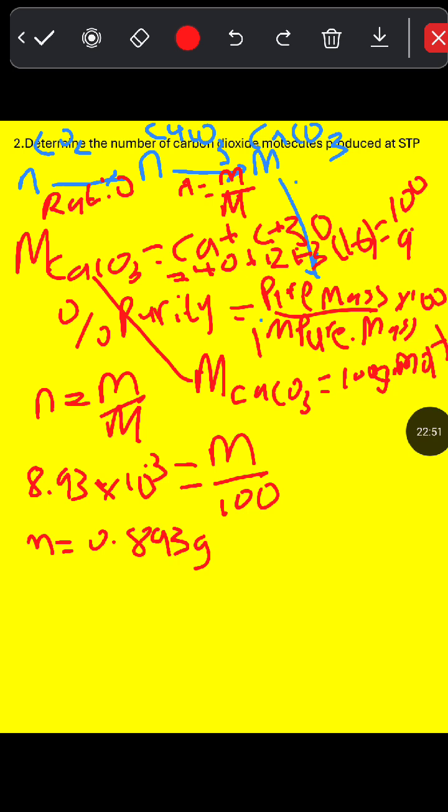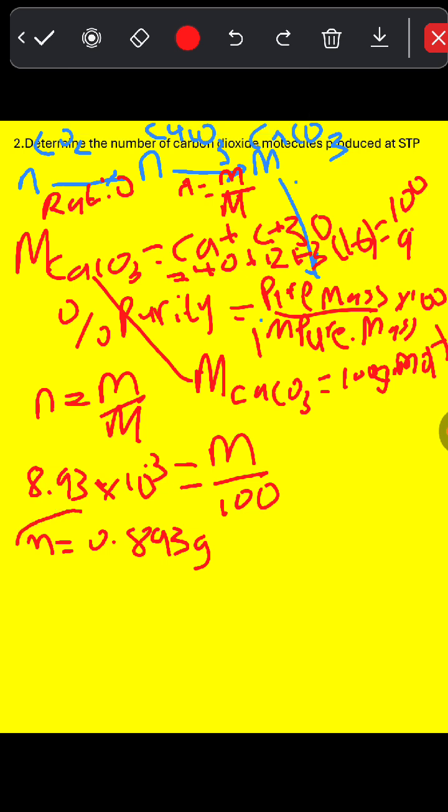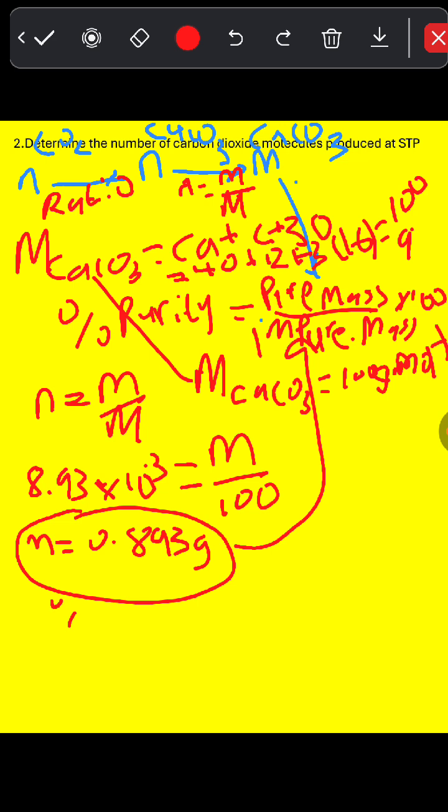And this is the mass that we get. Now this is the pure mass. I use this pure mass and substitute it into the formula for percentage purity.